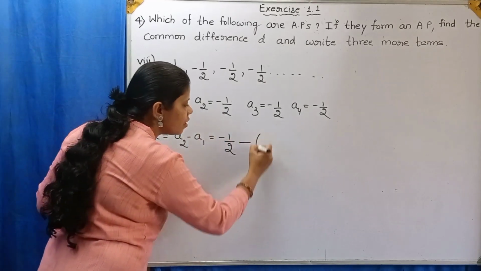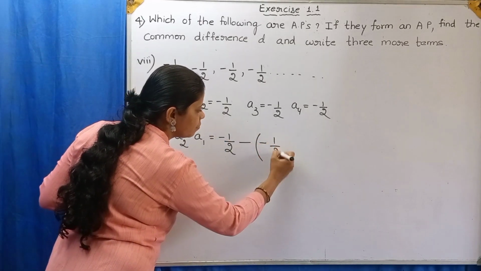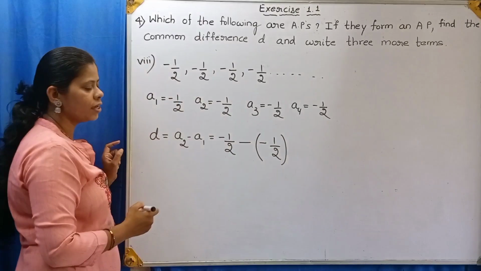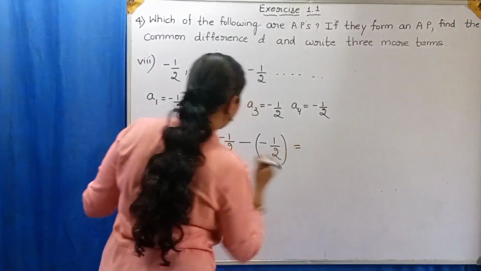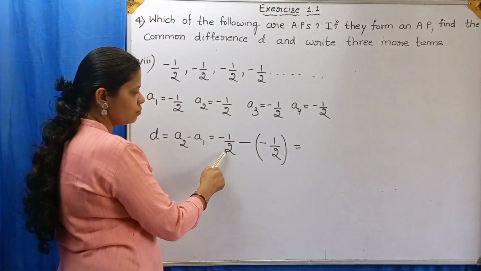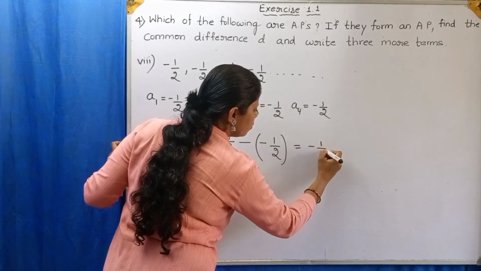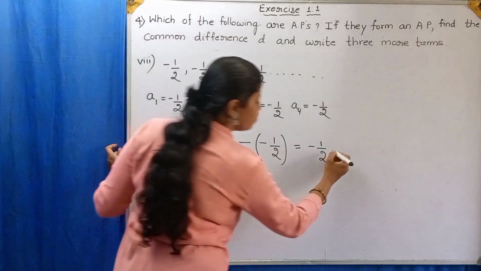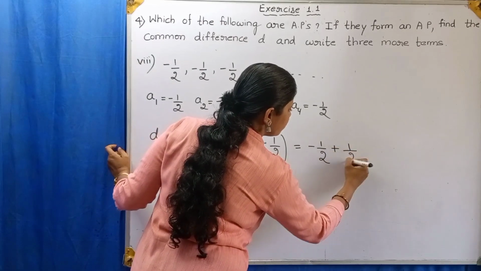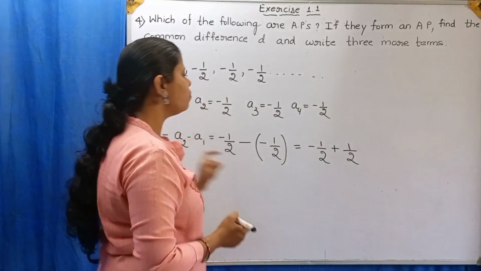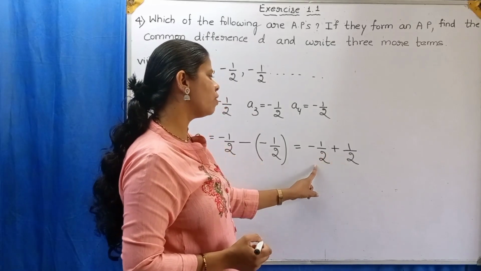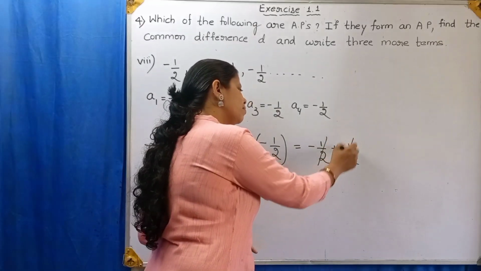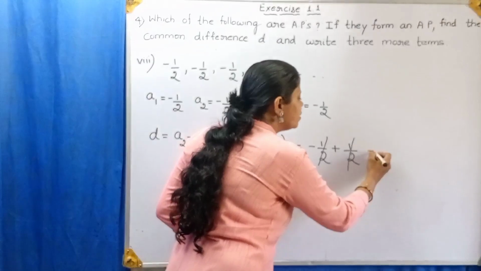So let me take it in the bracket. Okay. Now, see here, minus 1 by 2. Minus into minus, it is plus 1 by 2. Okay. Now, plus 1 by 2 minus 1 by 2, it will get cancelled, right? Therefore, it is 0.